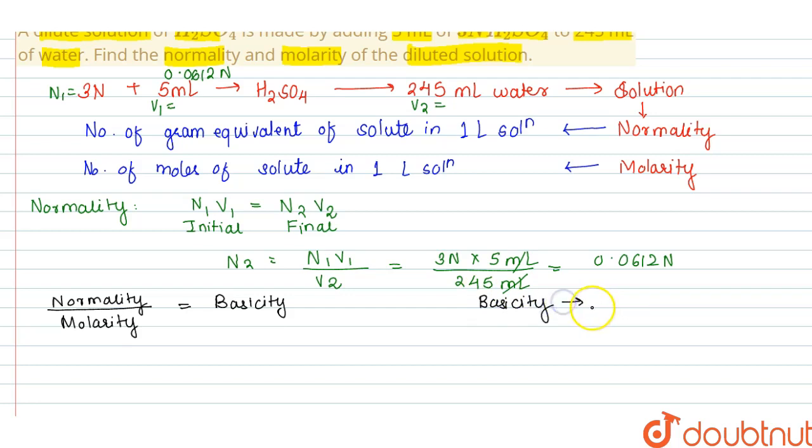So basicity is the number of replaceable hydrogen atoms. Now if we look at the formula H2SO4, here the number of replaceable hydrogen are 2. Therefore basicity is equal to 2.